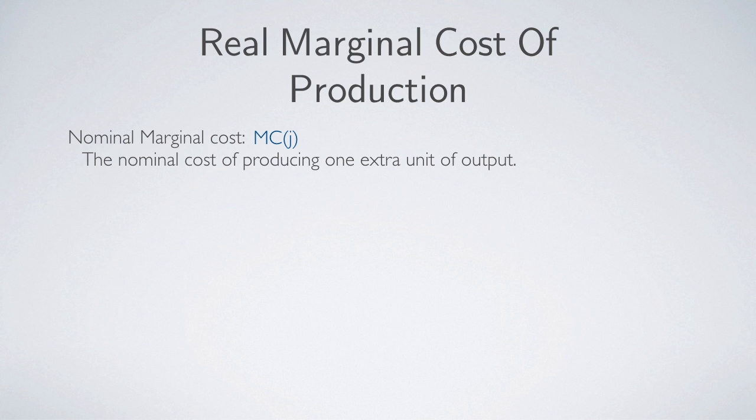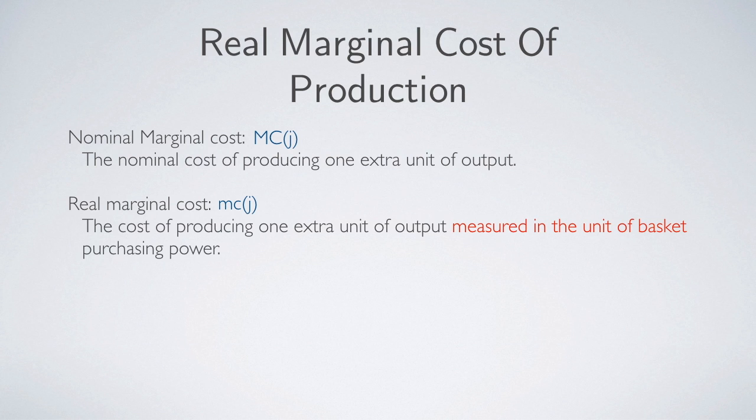For this chapter, we'll use the concept of real marginal cost, which is little mcJ, the cost of producing one extra unit of output measured in units of basket purchasing power. So by definition, the little mcJ, real marginal cost, is equal to nominal marginal cost divided by the price of the basket, which is P.